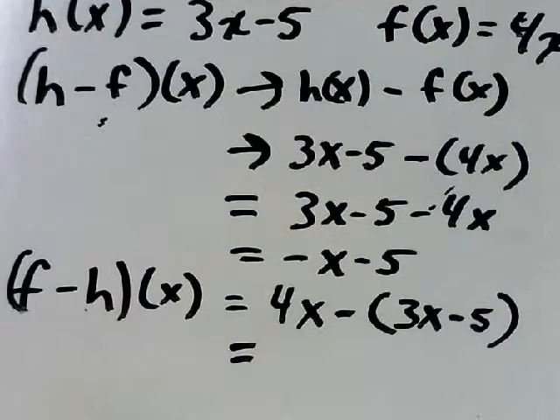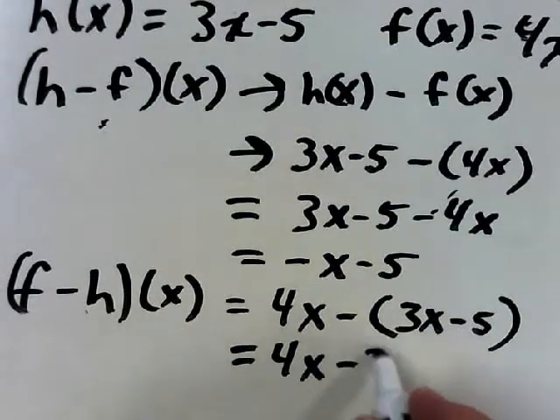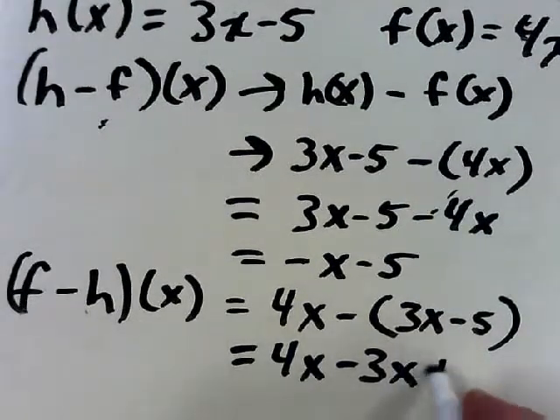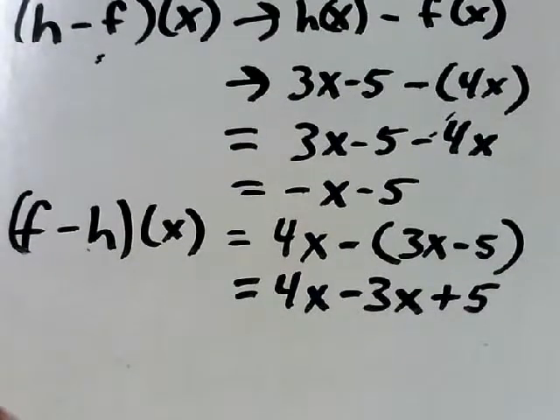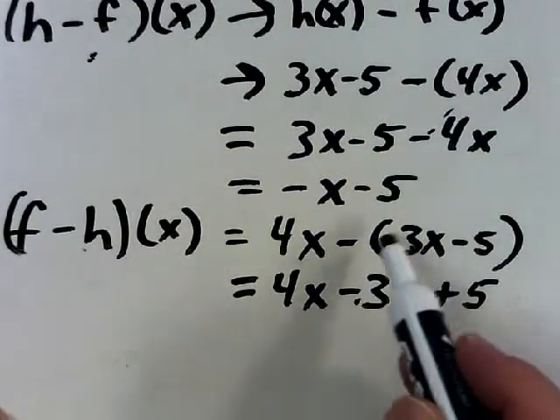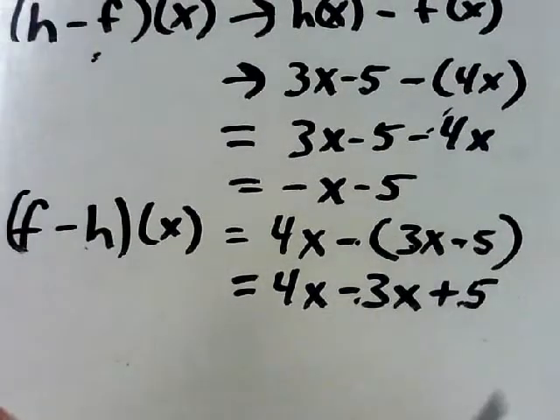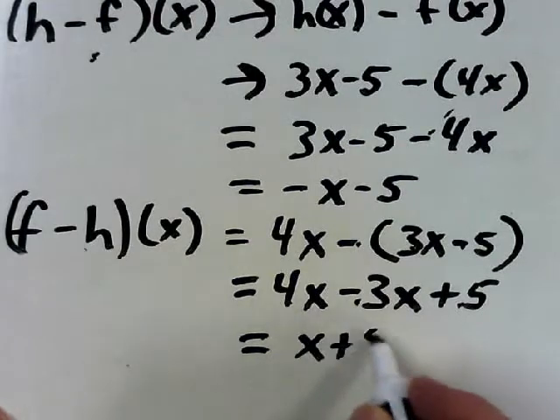Correct? Which would be 4x minus 3x plus 5. Because a negative times a positive gives me negative. A negative times a negative gives me a positive, doesn't it? So that's going to give me x plus 5.